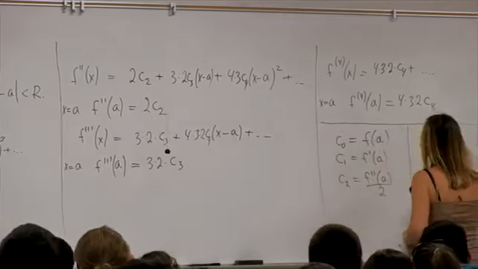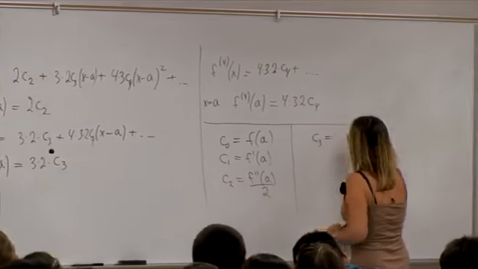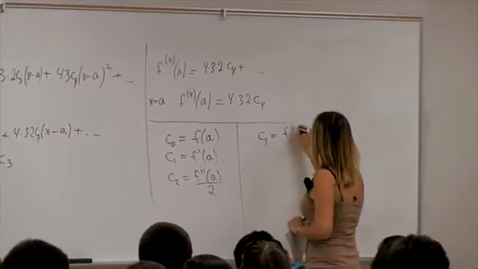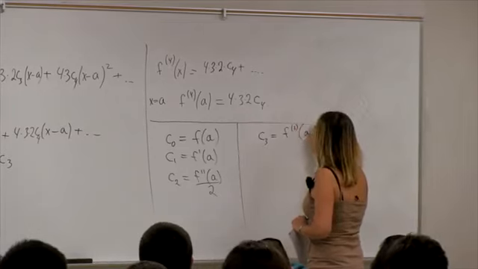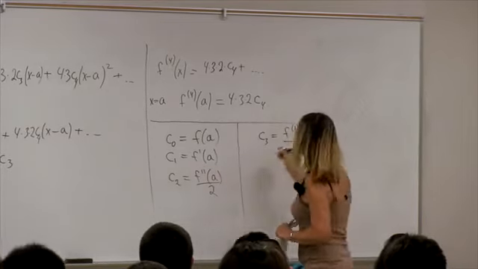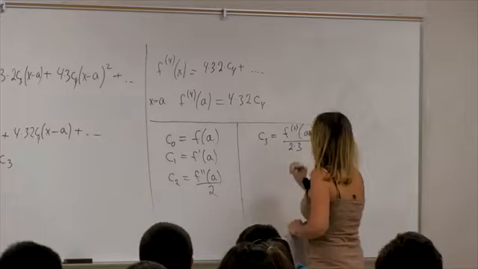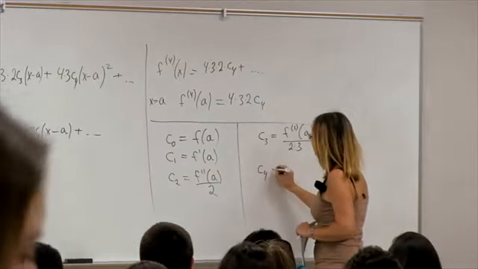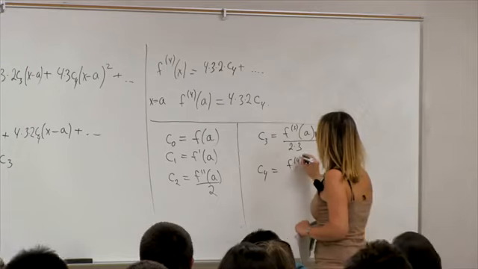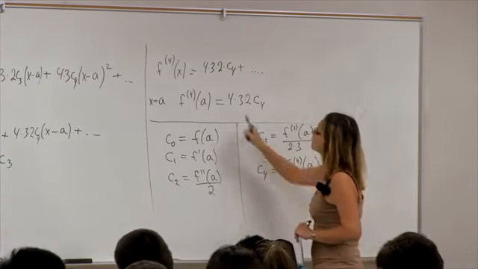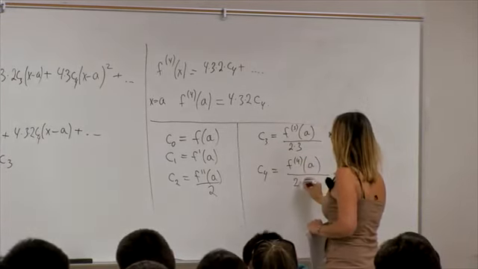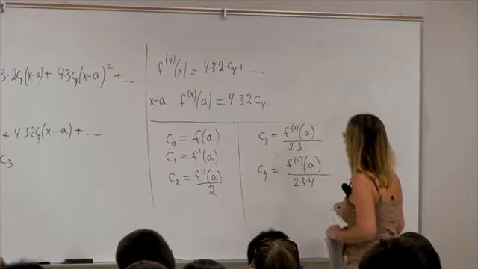C3 is f, the third derivative, at a divided by 2 times 3. C4 is the fourth derivative. That's from here, divided by 2 times 3 times 4.